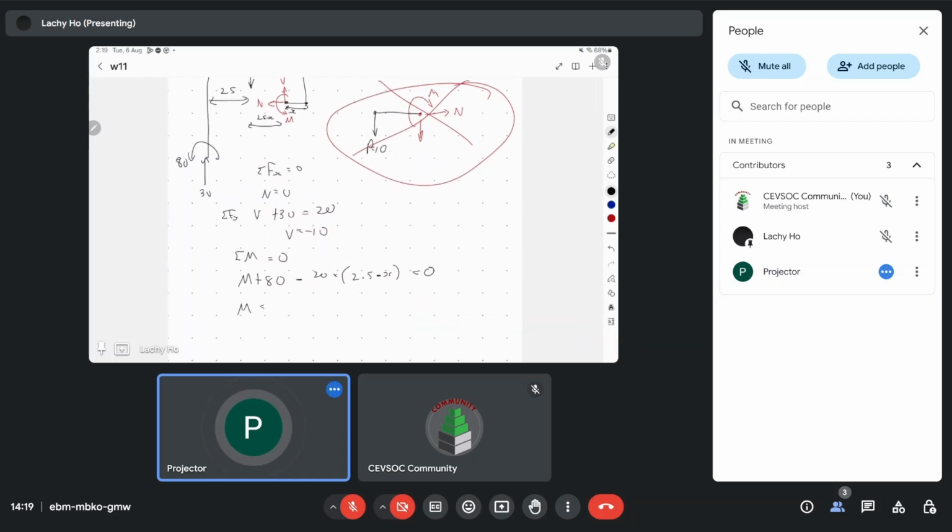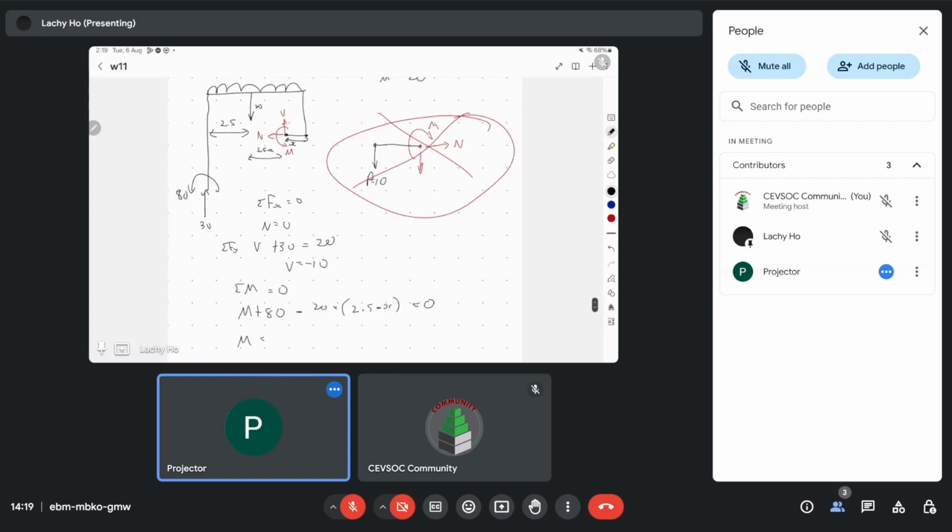M equals, oh, so this should be plus. And I think I missed one. Right, sorry, this point here as well, the reaction point, which is 5 minus x.